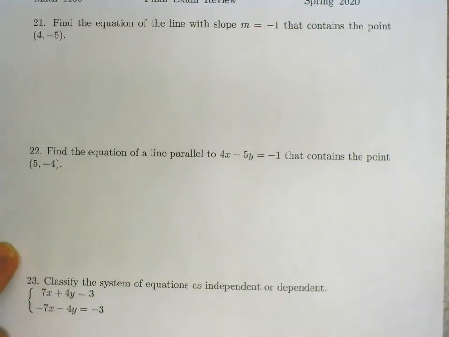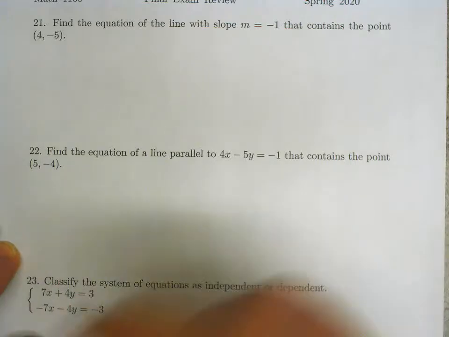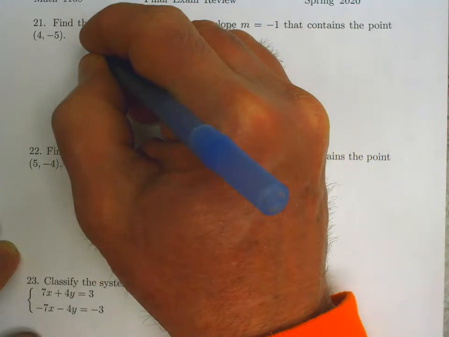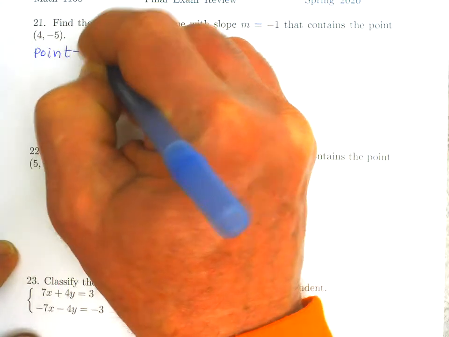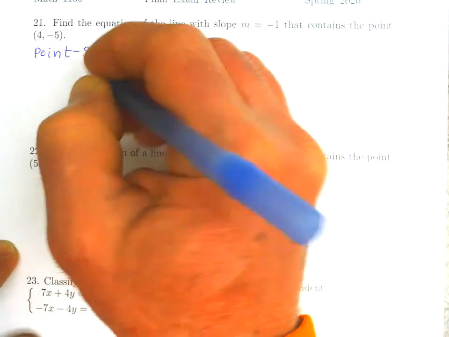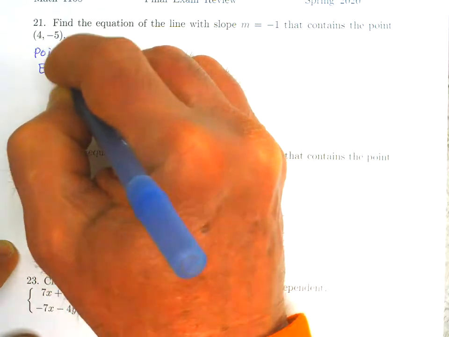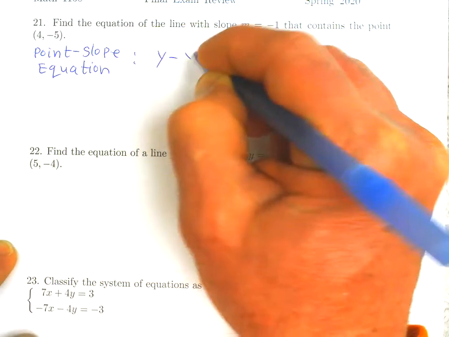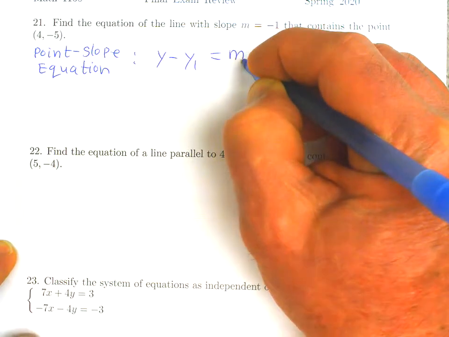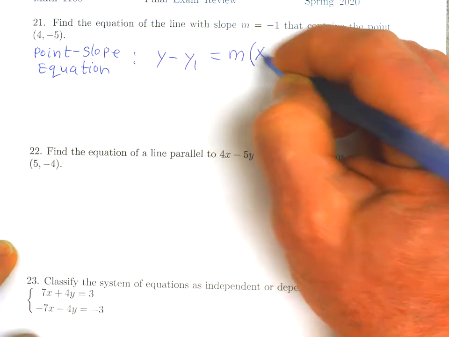So you might need to be reminded of the point slope equation. I'll just write down the point slope equation formula. That's y minus y1 equals the slope m times the quantity x minus x1.